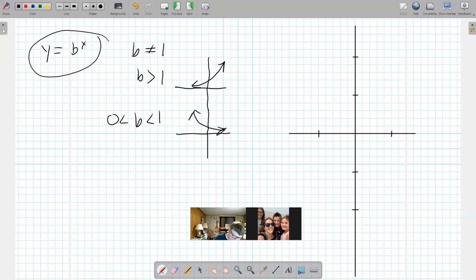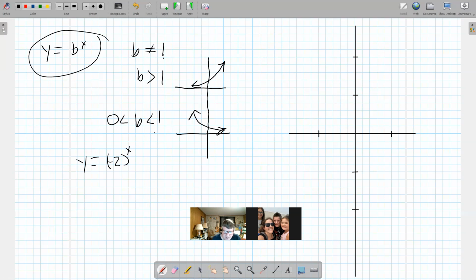Now, what about y equals b to the x, where b is a negative number? I'm not going to spend a lot of time looking at that, other than to say, if you try to graph it, you can't graph it because the dots are all over the place. In fact, it doesn't happen. So b has to be greater than 0, but not equal to 1.